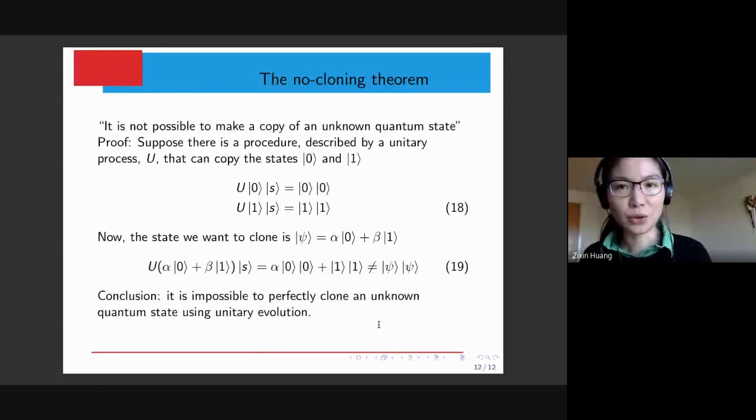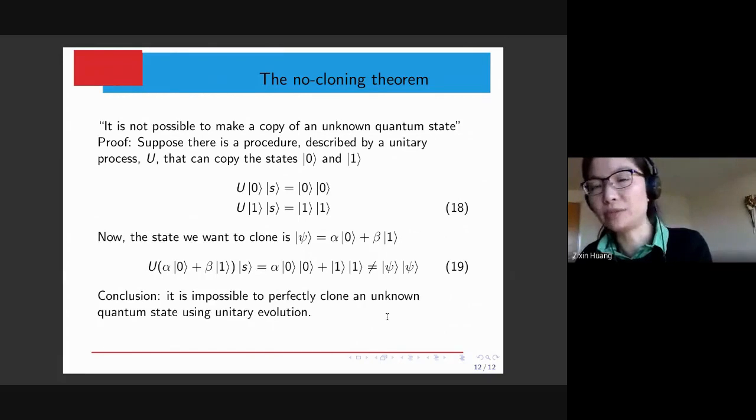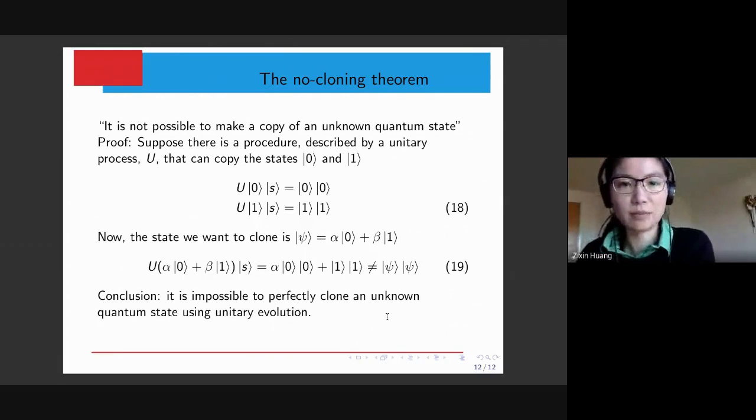Okay, and now we get to one of the results that you haven't seen before. So this is a version of the proof for the statement that it is not possible to make a copy of an unknown quantum state. So this is one of those proof by contradiction statements.